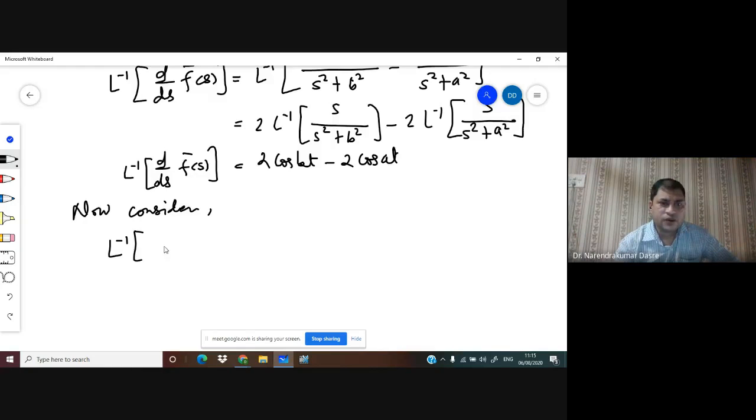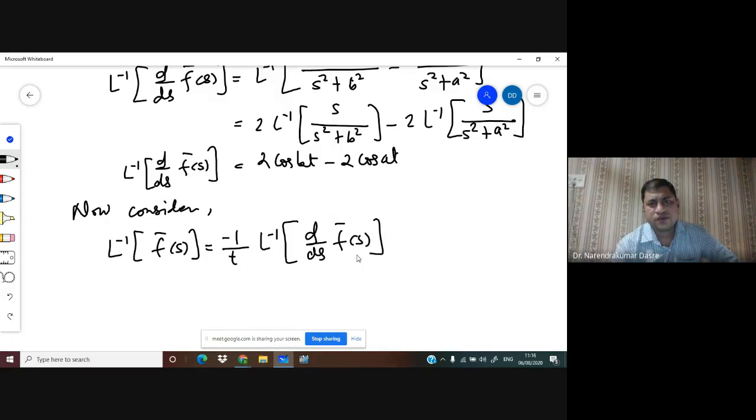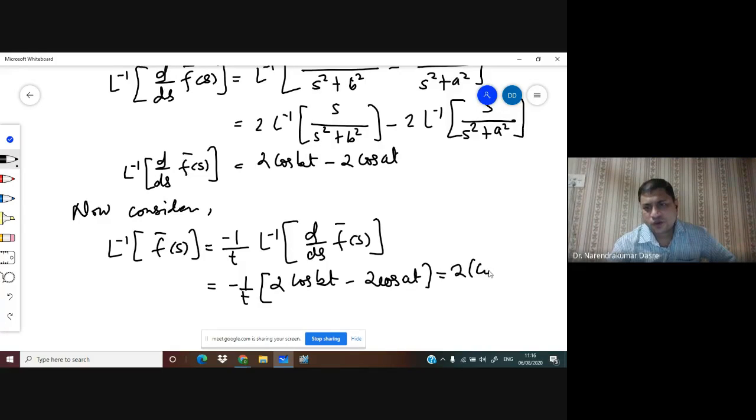So now consider Laplace inverse of f bar of s is equal to minus 1 by t Laplace inverse of d by ds of f bar of s. So we got this minus 1 by t. Then here we have twice cos of bt minus twice cos of at. So we can simplify this as twice cos of at minus cos of bt upon t.